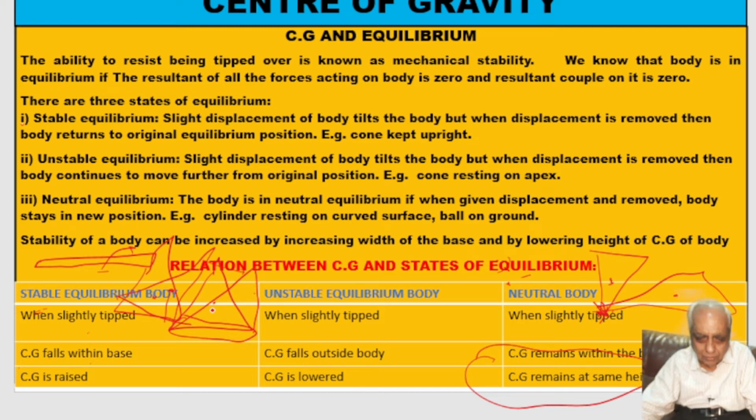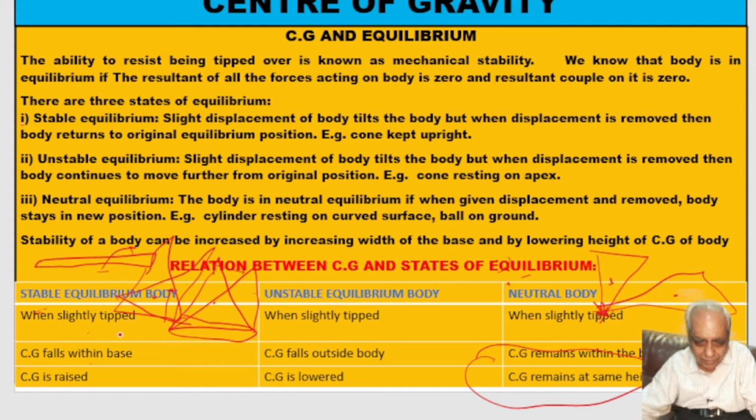Like suppose there is an empty cylinder. Now, if I give a slight tilt or somewhat more tilt, it may fall down. But if I fill the lower portion with water, now center of gravity has got lowered.